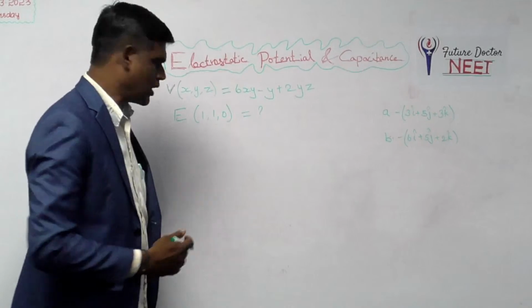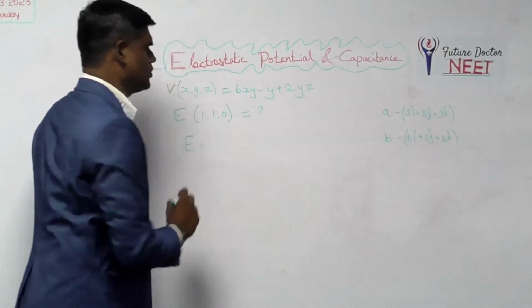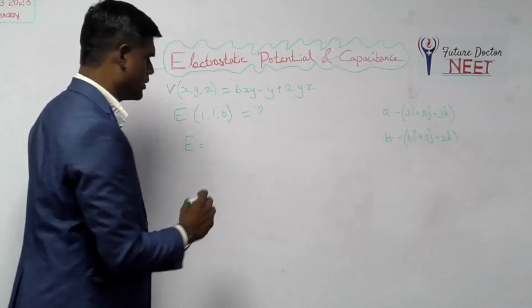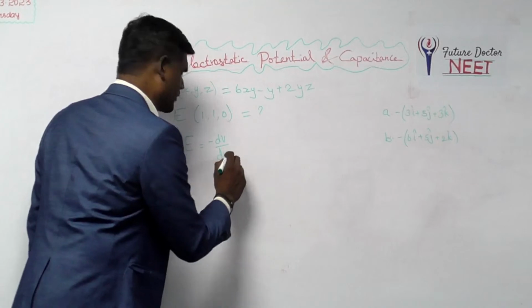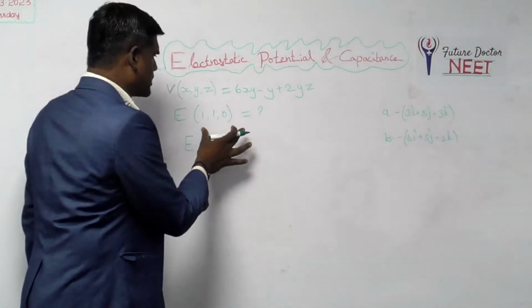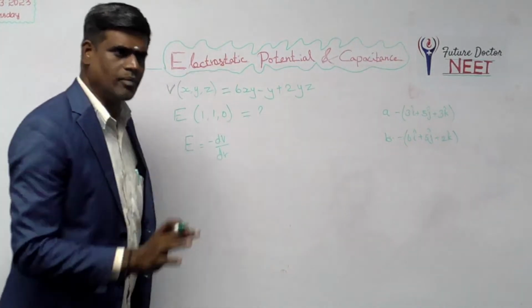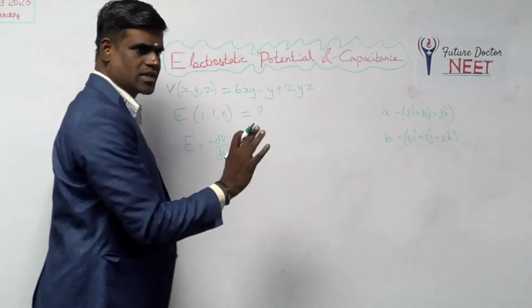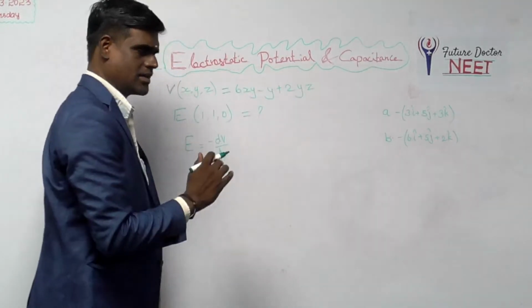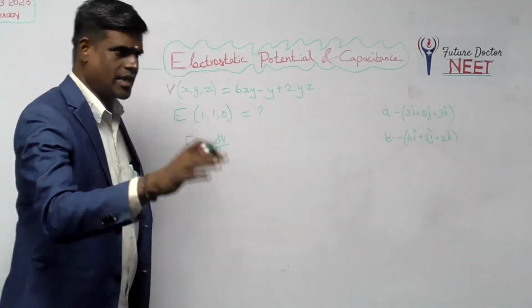Just the previous sum only we discussed that. What is the relation between E and V? E equal to minus dV by dx or dV by dr, like that we discussed. Here it's three quantities, dV by dx, dV by dy, dV by dz, three parts. Because dV by dx means it's along only the x-axis. Here x-axis is there, y-axis is there, z-axis is there.